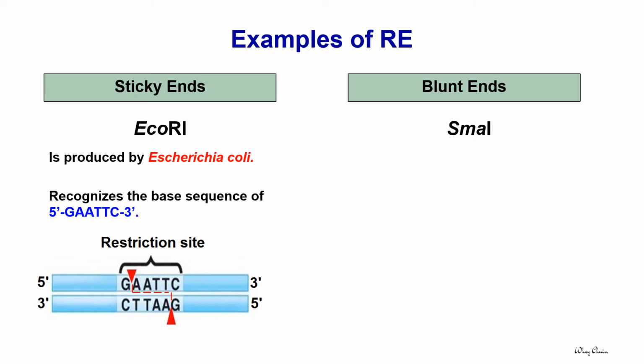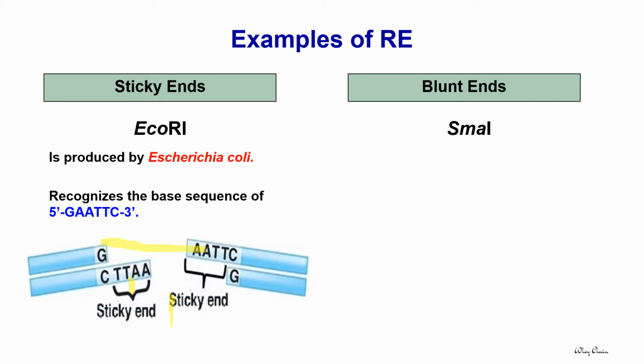And it will cut in a zigzag way between the guanine and adenine from 5' to 3'. The complementary strand is also cut between the guanine and adenine from 5' to 3', because the restriction site is palindromic. So now the cut open DNA will show us the sticky ends.